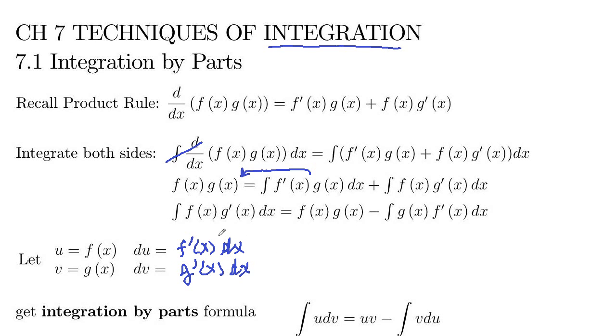So then what do we have here? Well, here's our f of x, that's a u, and then our g prime of x dx, that is our dv. And then f of x is u, g of x is v, and then f prime of x dx is du.